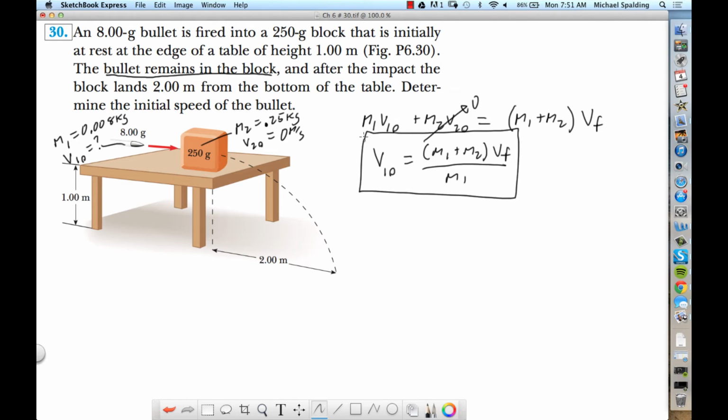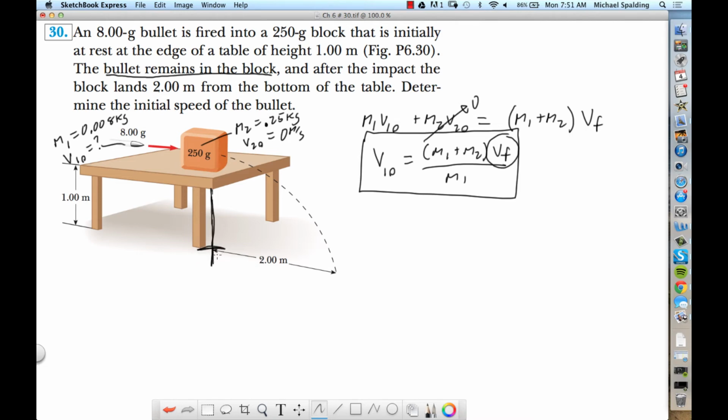So what's our challenge now? We need to figure out V final. We need to figure out what is the velocity immediately after the collision. Well, do we have some more data here? We have the height of the table. The height of the table is 1 meter.